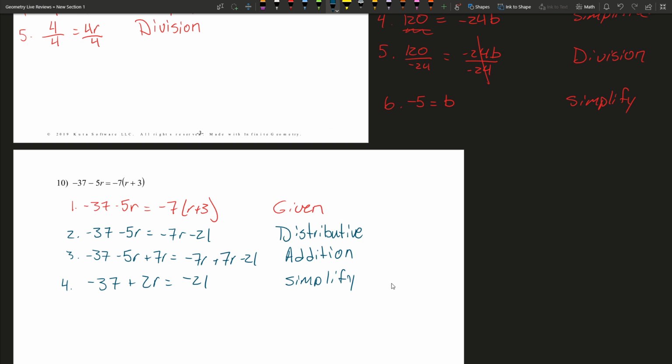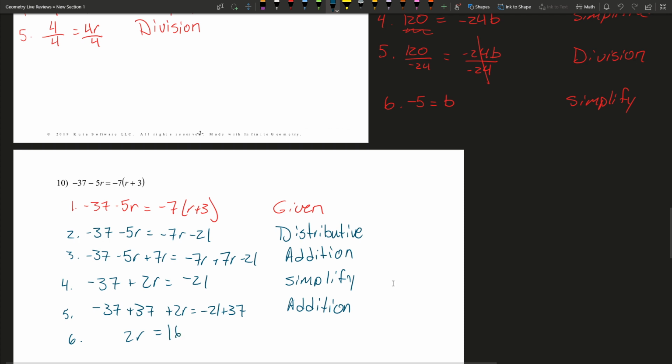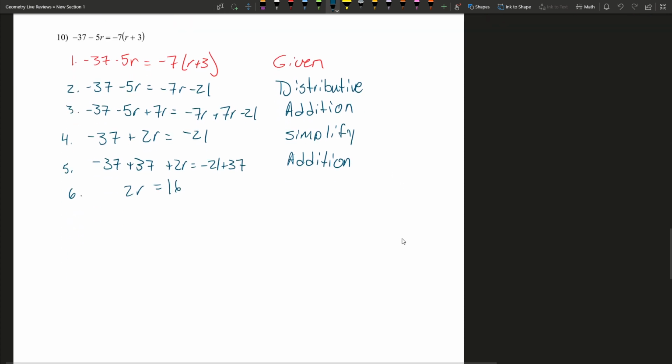Then we can add 37 to both sides. Then we can divide by 2.